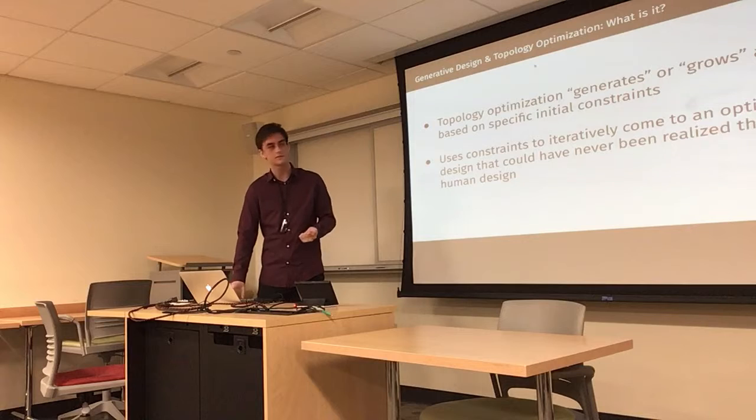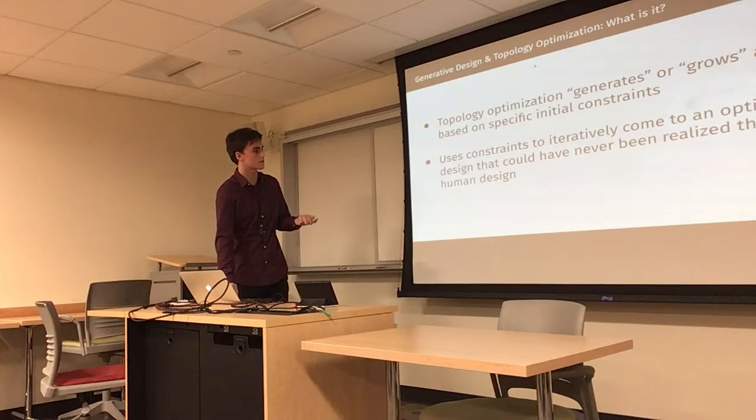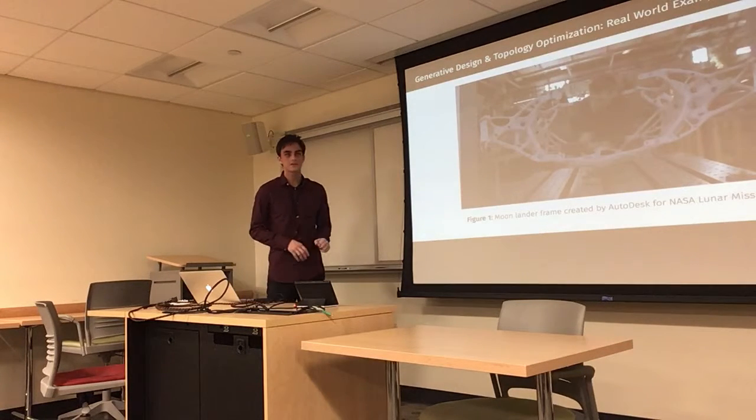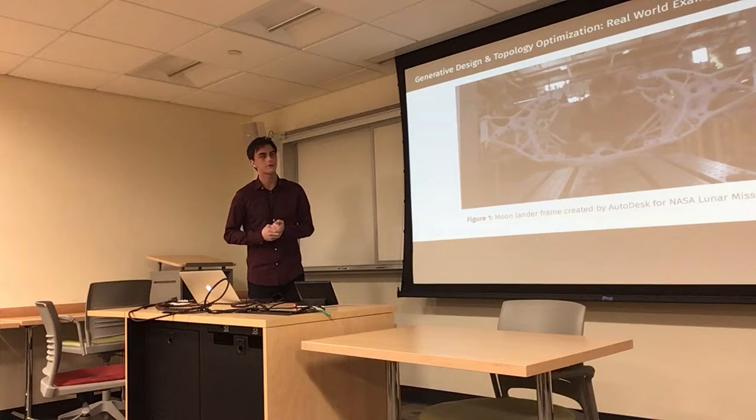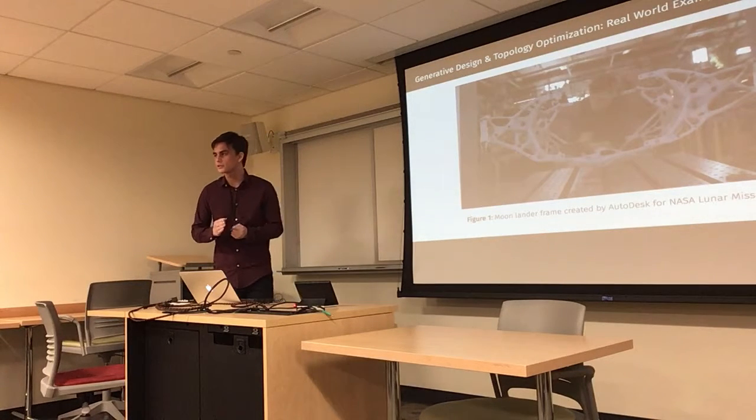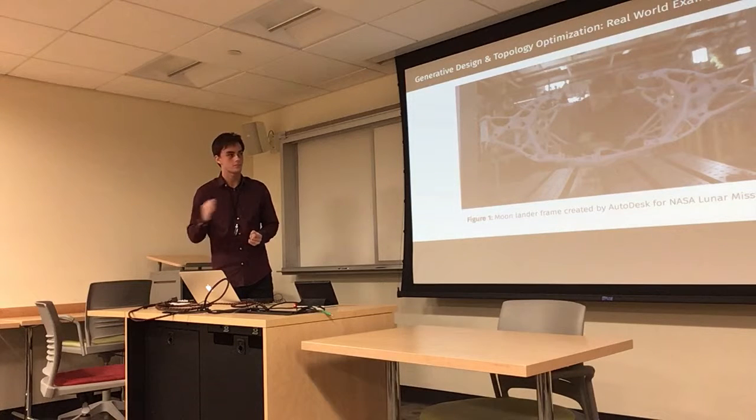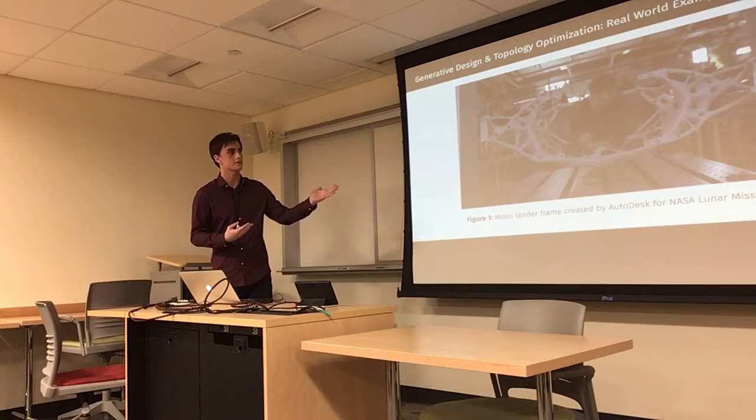To contextualize this, I can give you a real-world example. So this is a moon lander frame created by Autodesk software. This was built out of the initiative to find the most economical parts for the aerospace industry. So this was specifically for a NASA lunar mission. They took old previous lunar mission data from previous moon landers and used that to drive the design, which is kind of here.